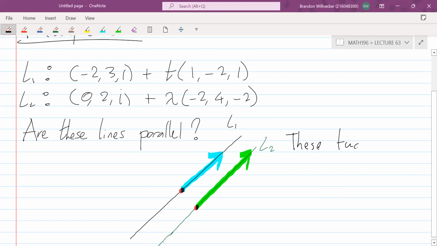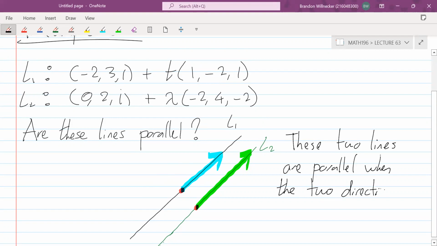So these two lines are parallel when the two direction vectors are parallel themselves.